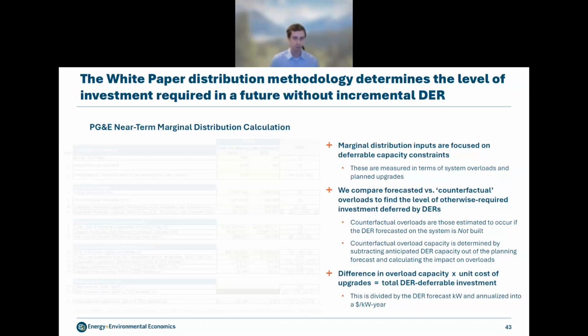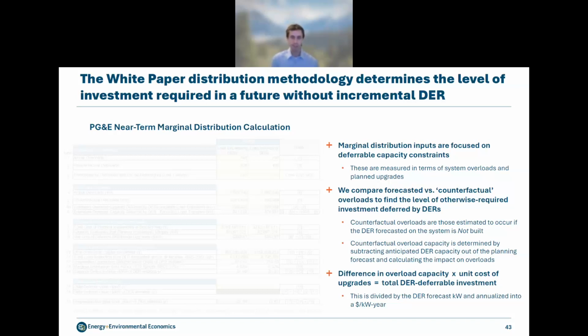So to figure this out, we compare distribution system forecasts and expected overloads with a theoretical counterfactual scenario where DERs wouldn't be built on the system. We look at what distribution feeders and substations are capacity constrained and what in the forecast would be overloaded and require upgrades within it. Then we take all those DERs out for the counterfactual and calculate those numbers again, and again see what capacity constraints are and what overloads and required upgrades are needed.